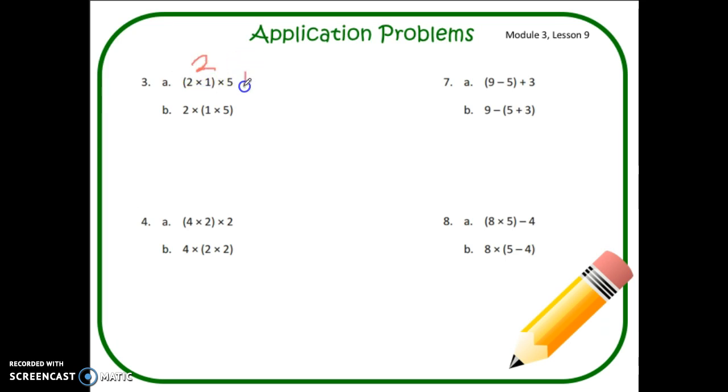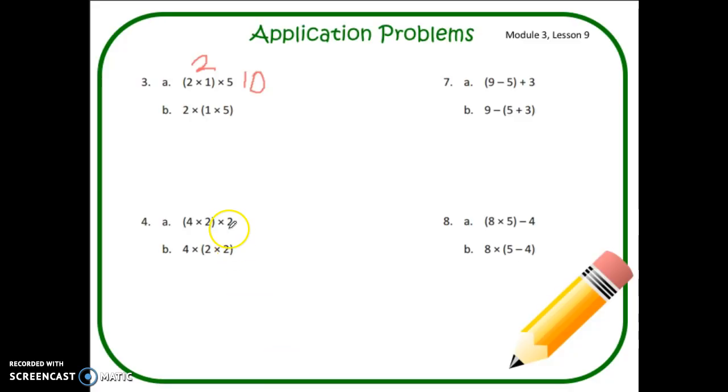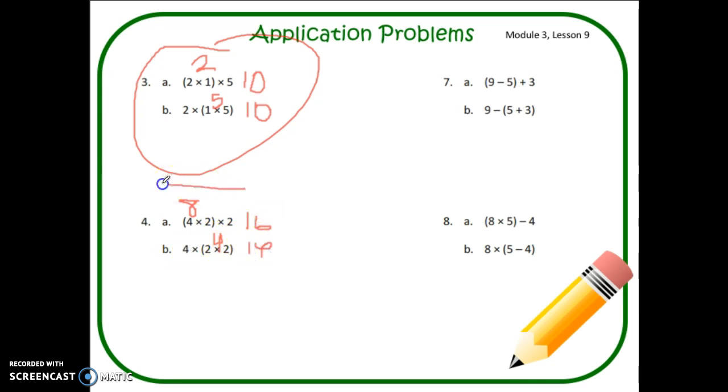2 times 5 is 10. 8 times 2 is 16. 4 times 4 is 16. 9 minus 5 is 4.